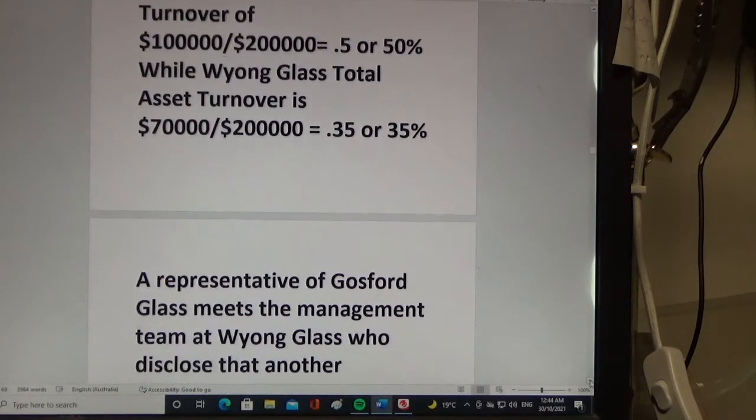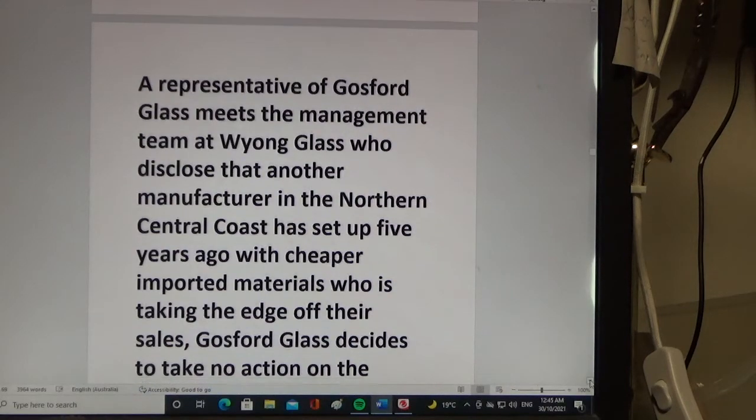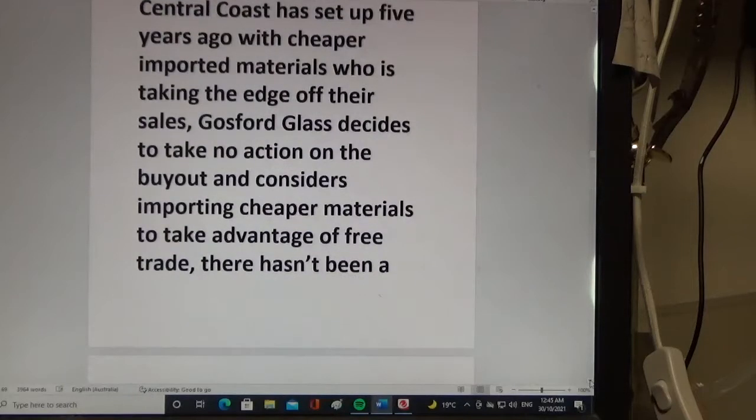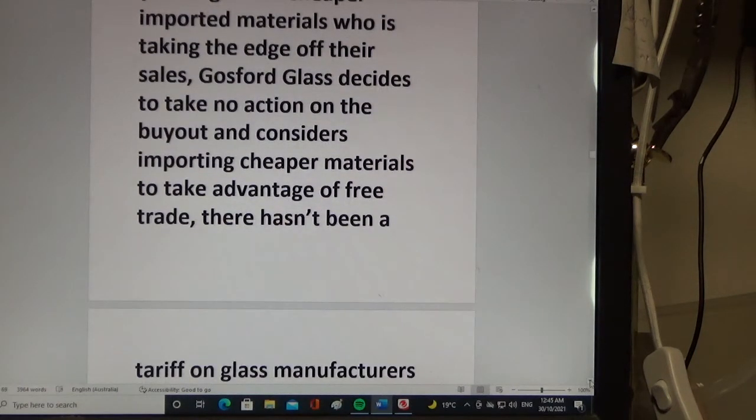A representative of Gosford Glass meets the management team at Wyong Glass, who disclosed that another manufacturer in the northern Central Coast set up 5 years ago with cheaper imported materials, who is taking the edge off their sales. Gosford Glass decides to take no action on the buyout, but it's got them thinking, perhaps we should be importing the cheaper materials as well, from Southeast Asia, to take advantage of free trade.